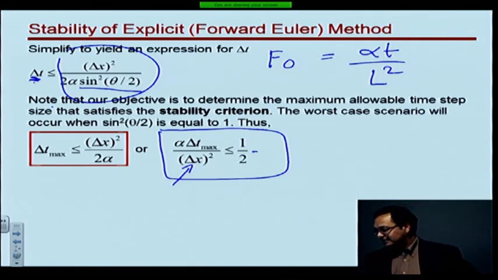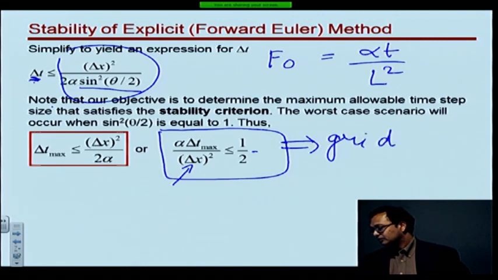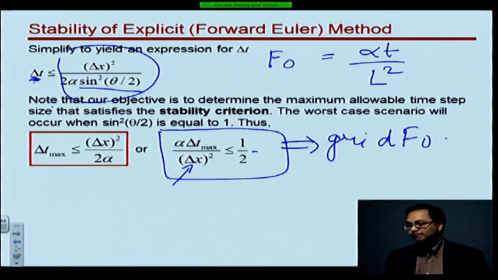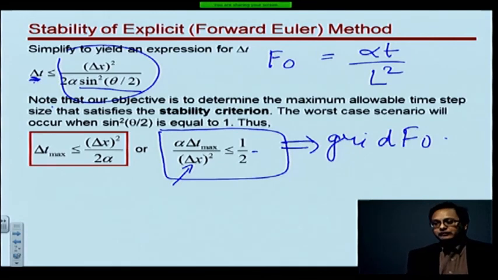This here is simply called the grid Fourier number, because it's using delta t and delta x instead of t and L. It's based on the grid spacing. That's all it is, but it's a non-dimensional number.